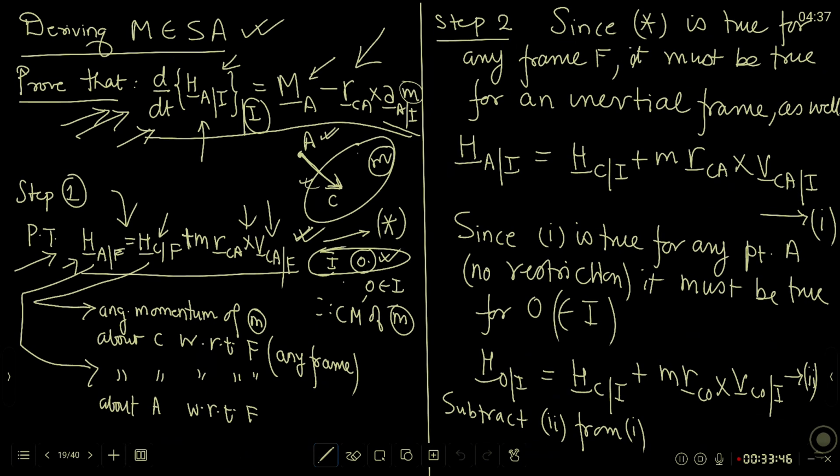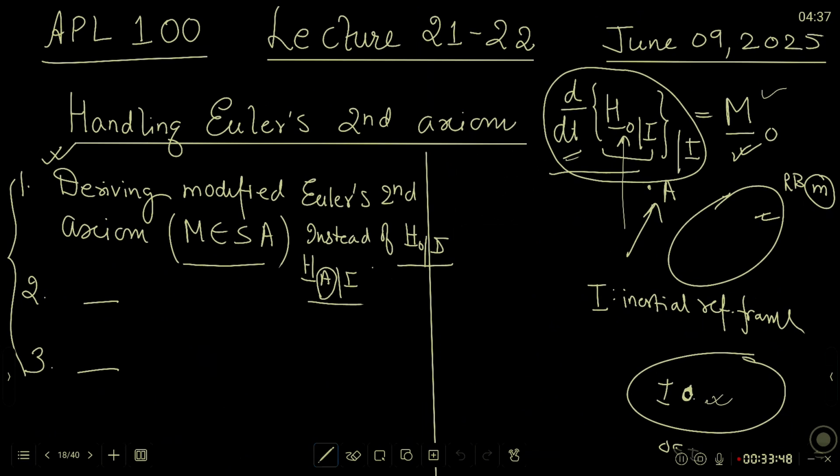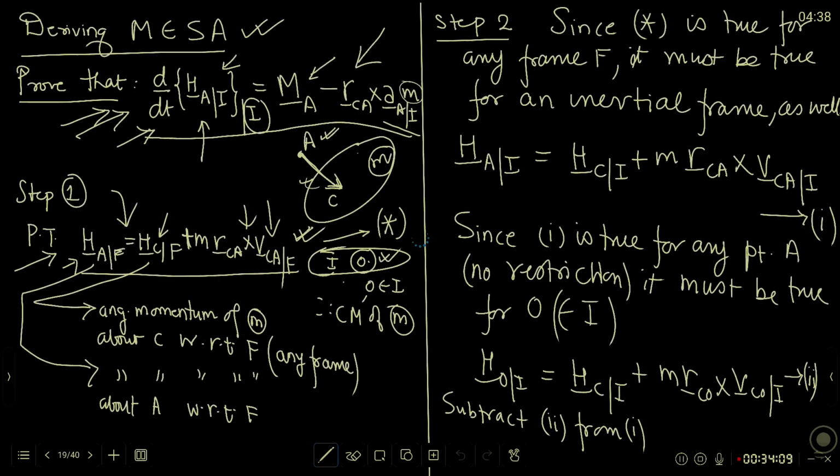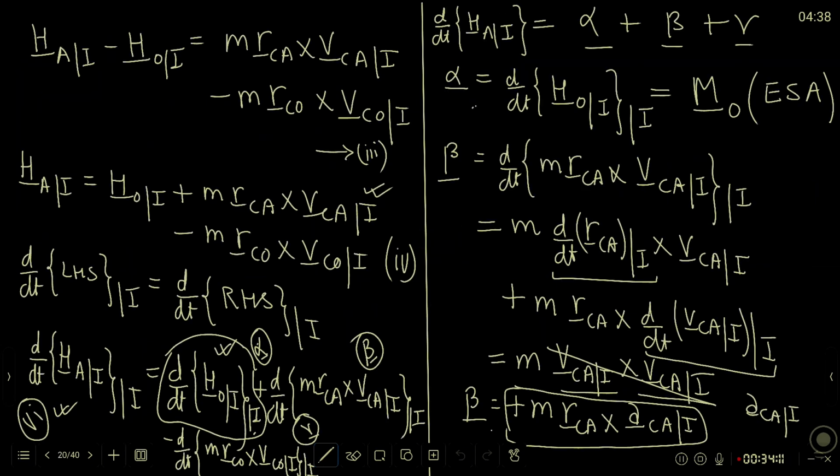We have derived the equation where angular momentum is taken about point A. Two more things to learn. What is the second thing I want to learn? Handling Euler's second axiom, second thing to learn.